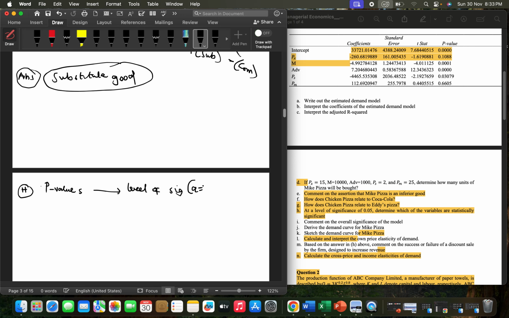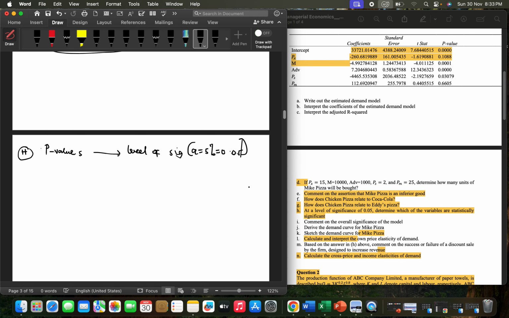It was given as 5%, 0.05. If your p-value is greater than your level of significance, it means the variable is not statistically significant. But if your p-value is less than it, then, so let me draw it here.